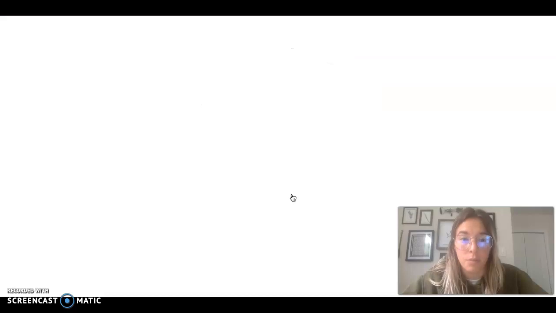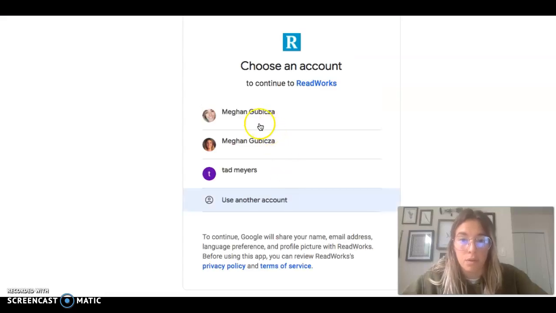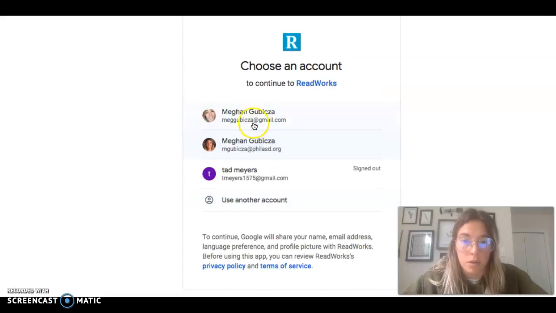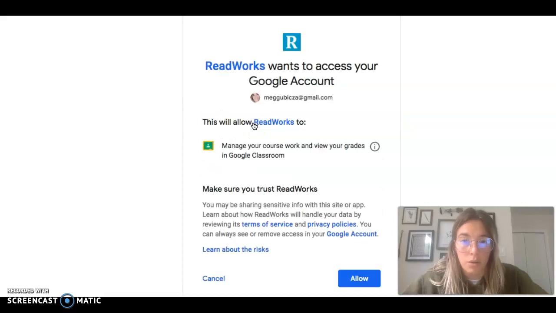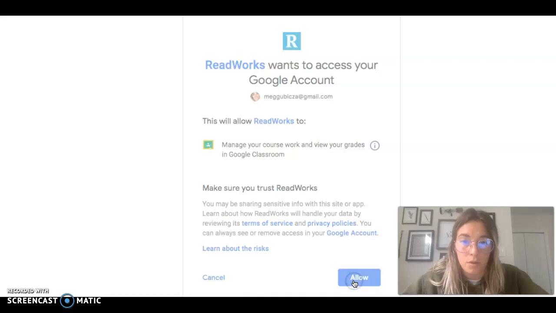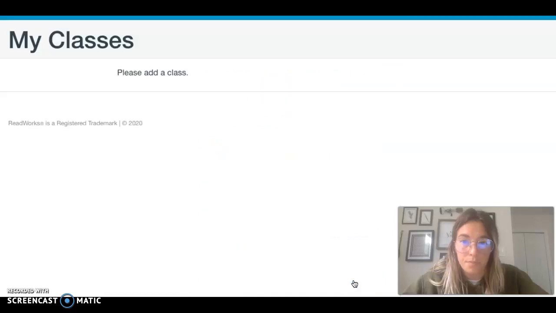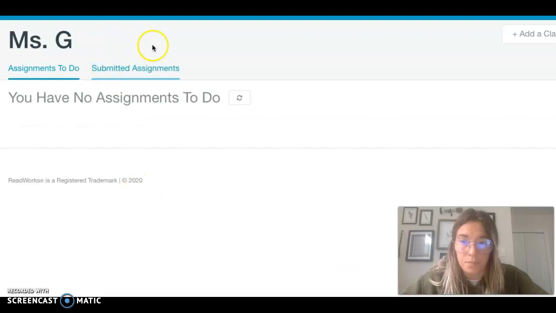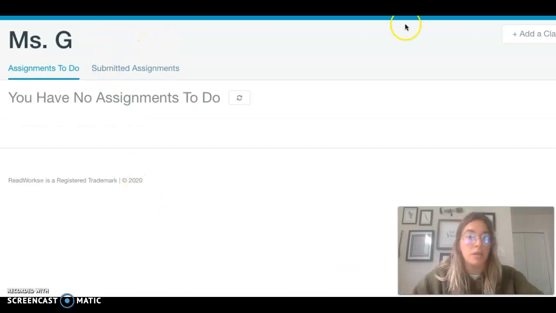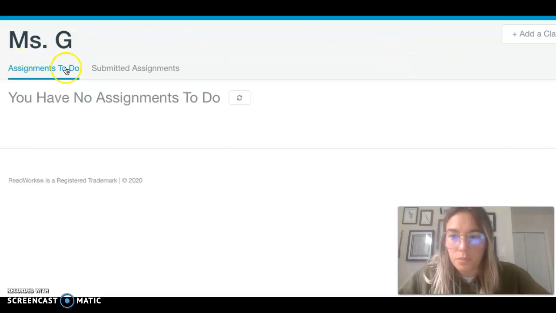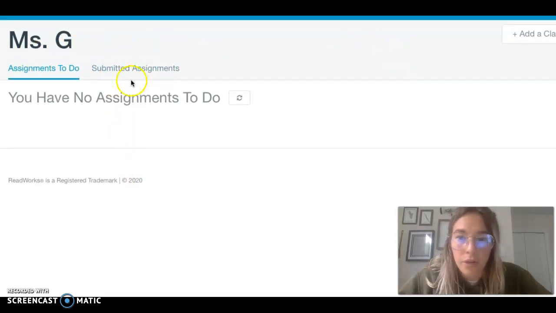Computer's slow. I have to keep reminding you of that. So I'm just going to use my Gmail account. Your school account will probably pop up. So after you sign in, we have to find the article.